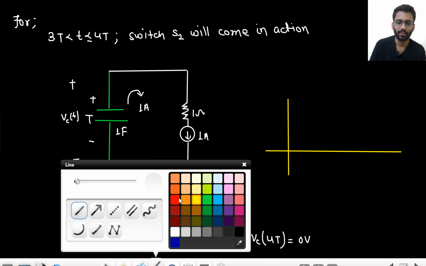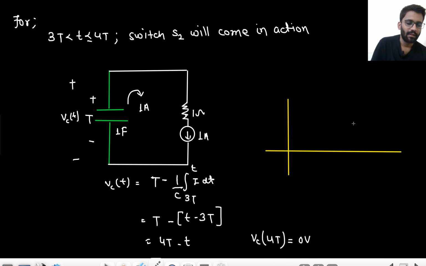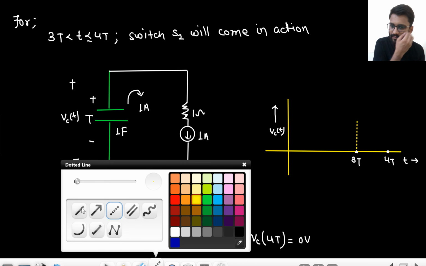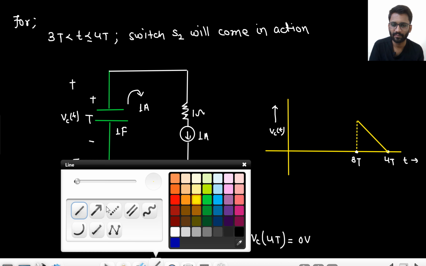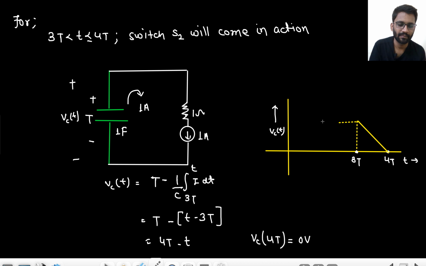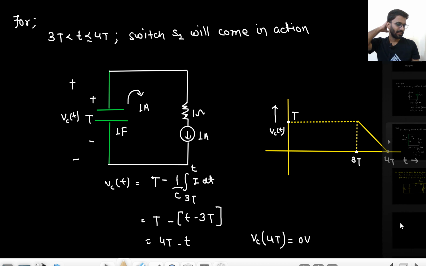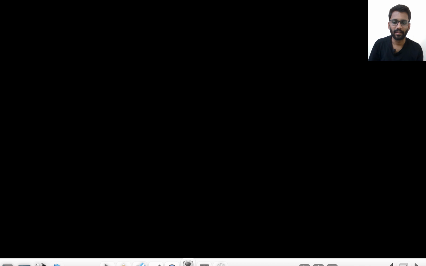But for now, let me draw the waveform from 3T to 4T. This was developed to T volt, and then from T to 0 it goes. So this cycle will keep on going.